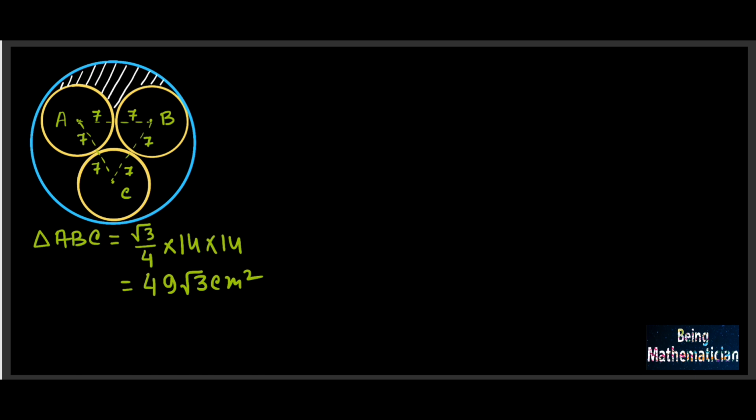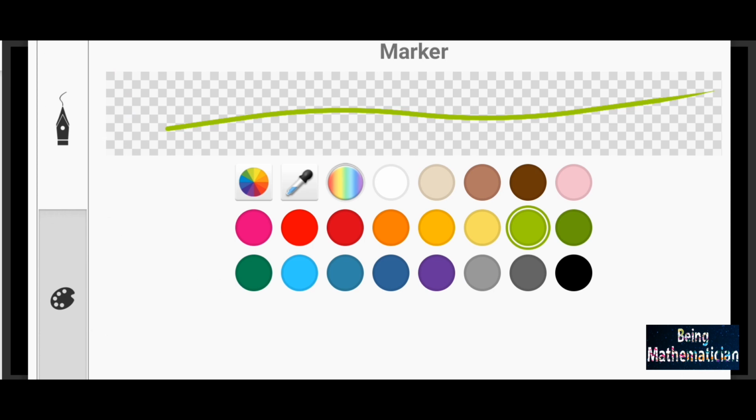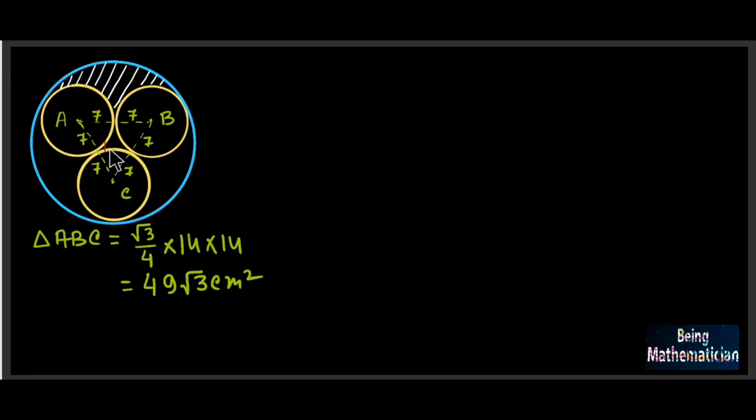Now we can calculate the area of this shaded portion, which is the area of red shade, must be the triangle ABC minus 3 into each sector.